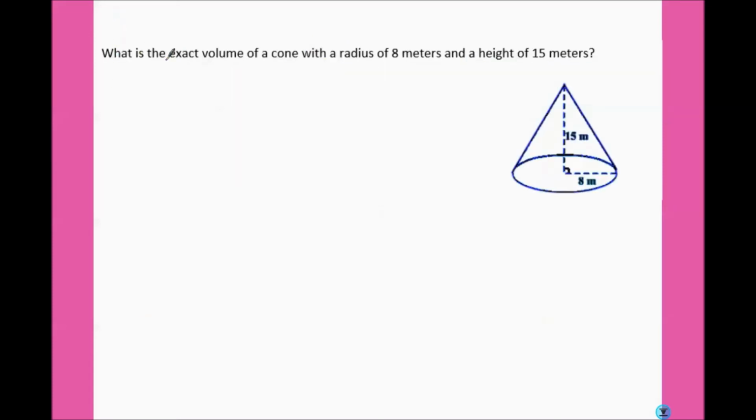What is the exact volume? So volume is our formula, and we'll get back to what exact means, of a cone, that's our shape, with a radius of 8 meters and a height of 15 meters.